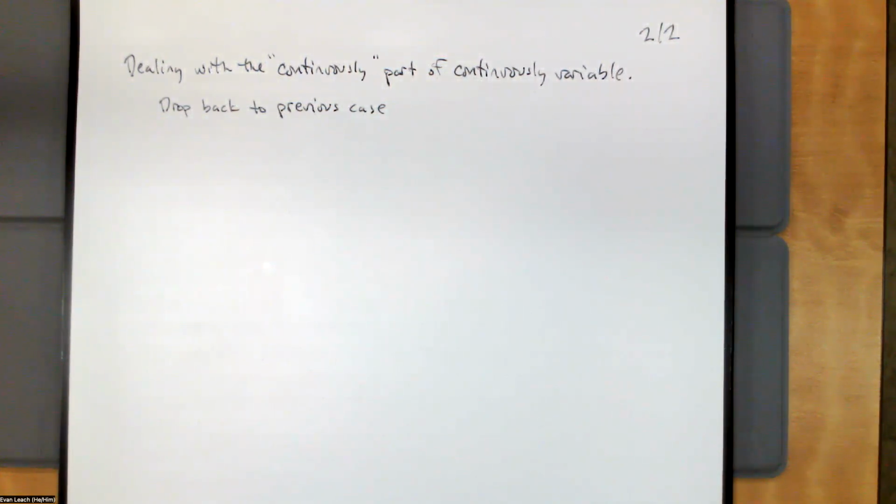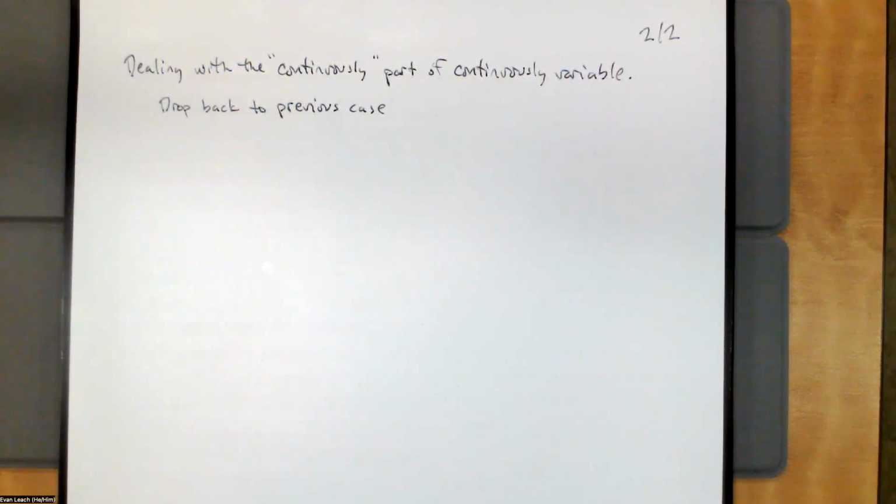There are 3 tricks in mathematics. Number 1, add 0. Number 2, multiply by 1. Number 3, change your variables. Change what the problem looks like. Kobayashi Maru this stuff. So we're going to drop back to the previous case.